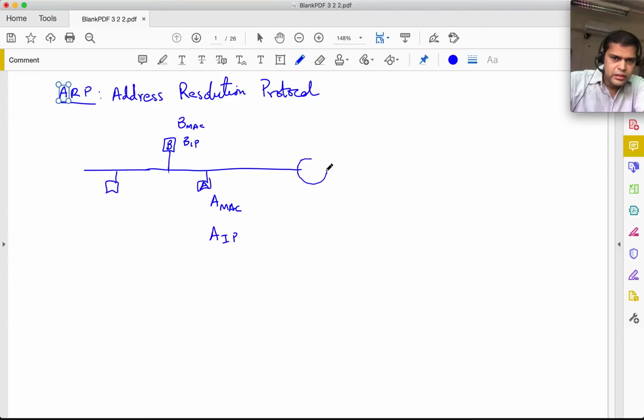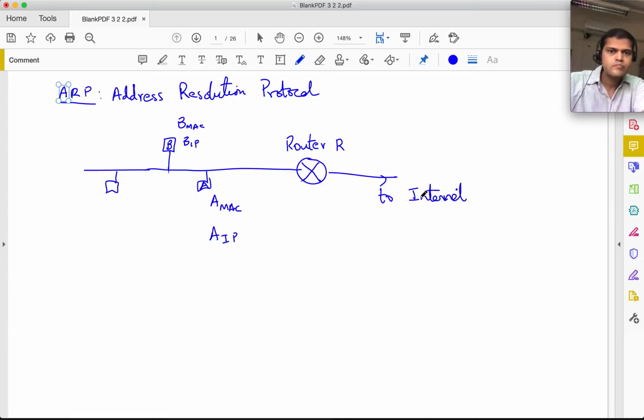And let's say that this is connected to the rest of the internet through some router R. So R itself has its own MAC address and IP address.